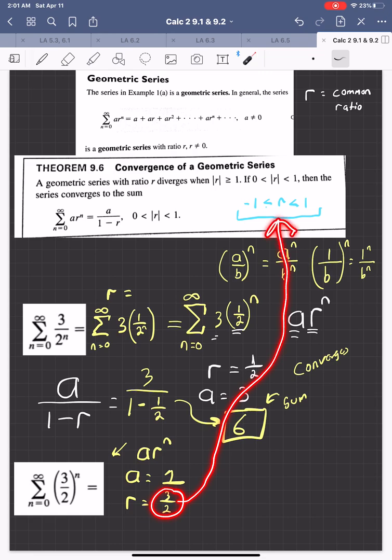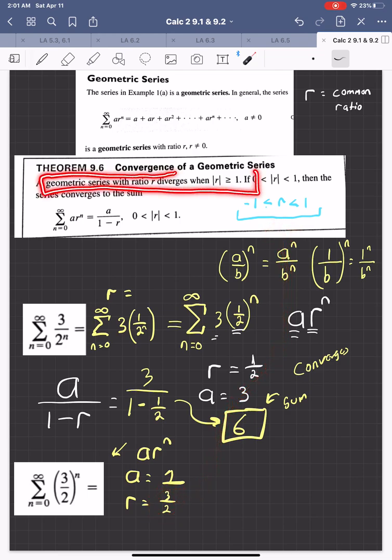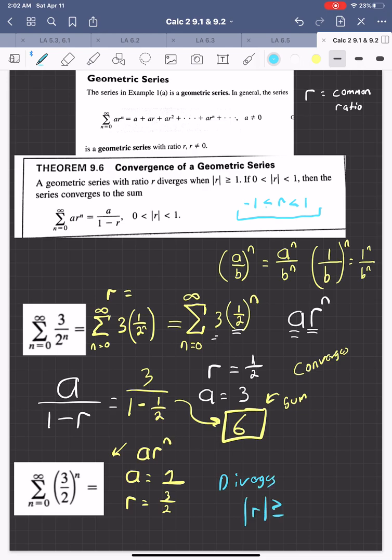Obviously, that is not between -1 and +1. So remember, we get to say that a geometric series diverges when that's not the case. So we get to just make the statement that it diverges, because r is greater than or equal to 1.